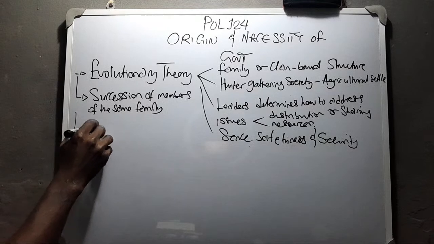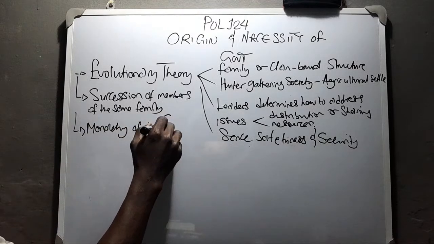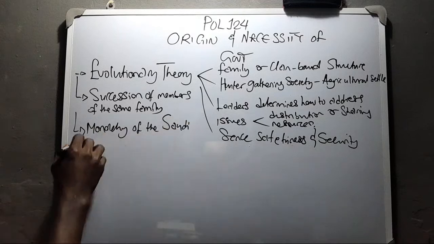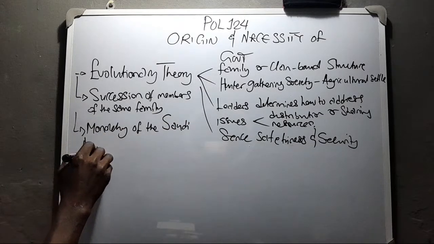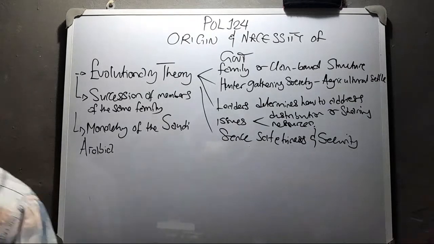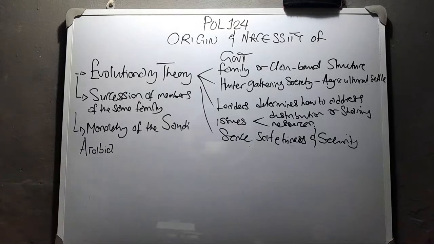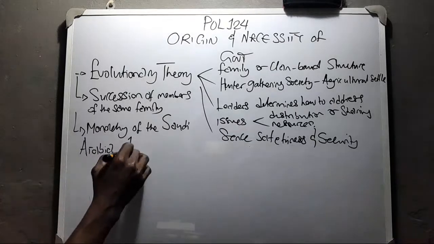Monarchy of the Saudi Arabians. Right? The monarch of Saudi Arabia, the king, has descended from the throne, from his family, since 1744.